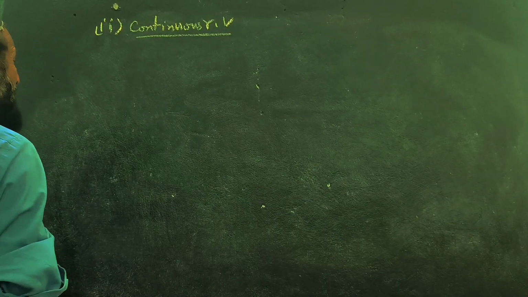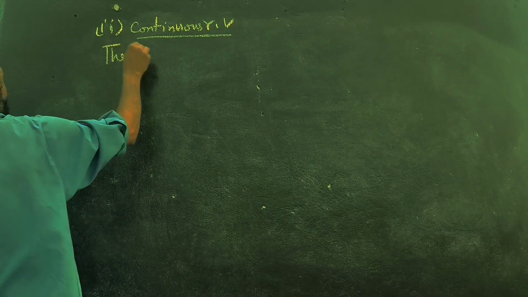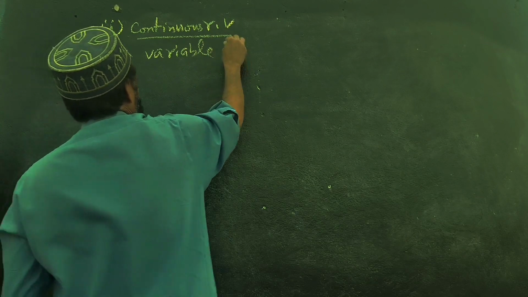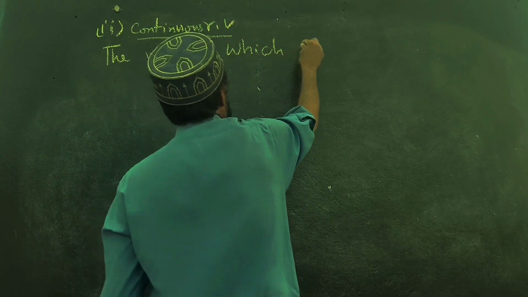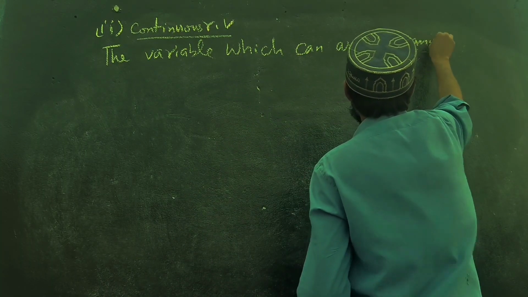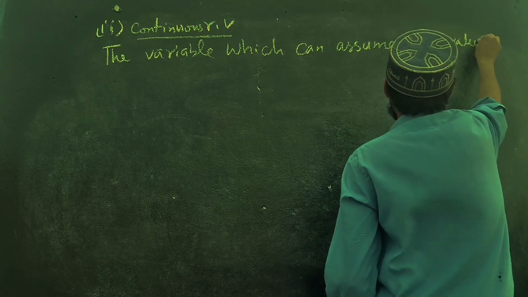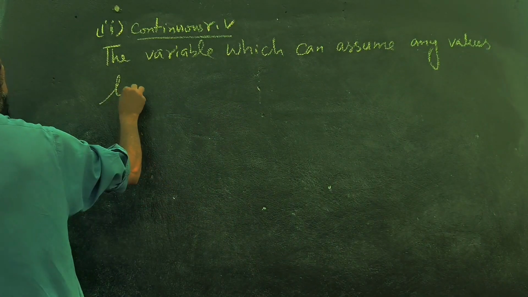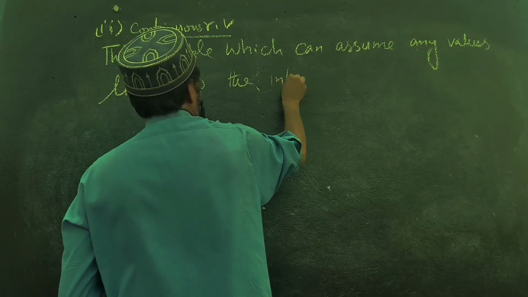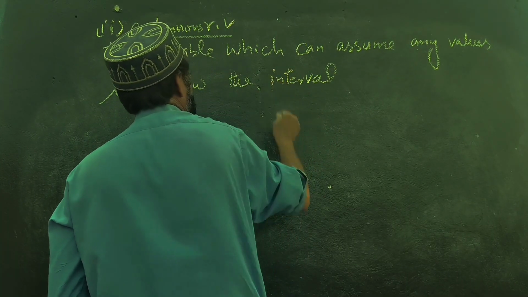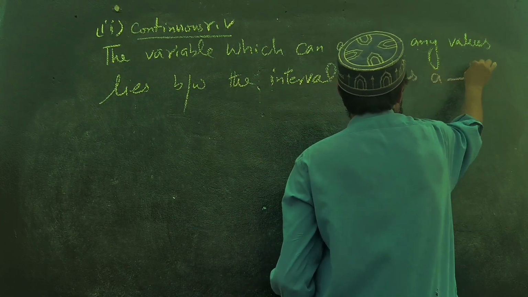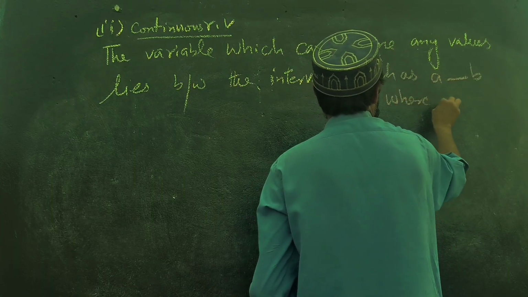That type of random variable is a variable which can assume any value that lies in an interval, such as a less than b, where a is less than b.